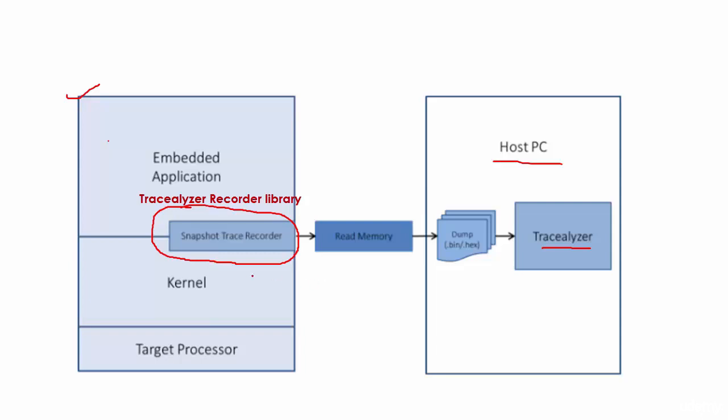Then you have to run your application, in this case the FreeRTOS application. Once the application is running in the target microcontroller, you have to halt the execution by using a debugger. In the debugger you have run and halt, so run for some time, then halt.